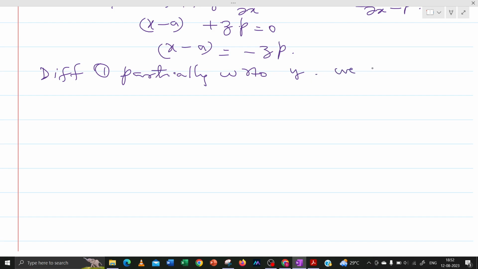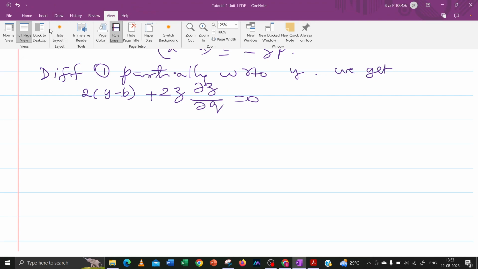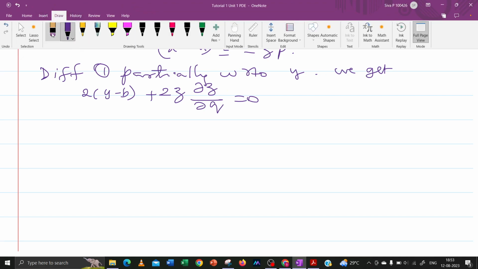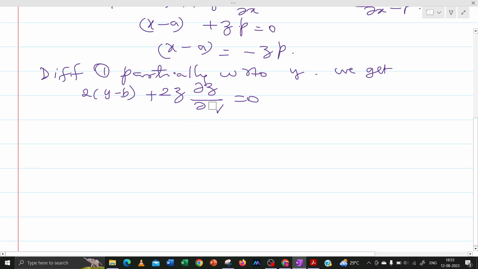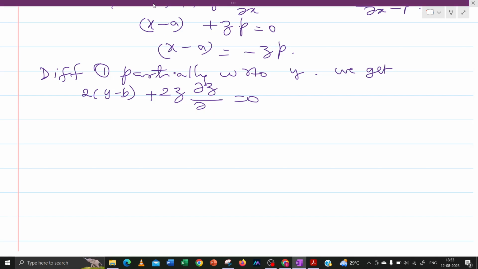We get 2 into (y minus b) plus 2z dou z by dou y equal to 0. Sorry, dou z by dou y equal to 0. Denoted by q, so zq equal to 0.